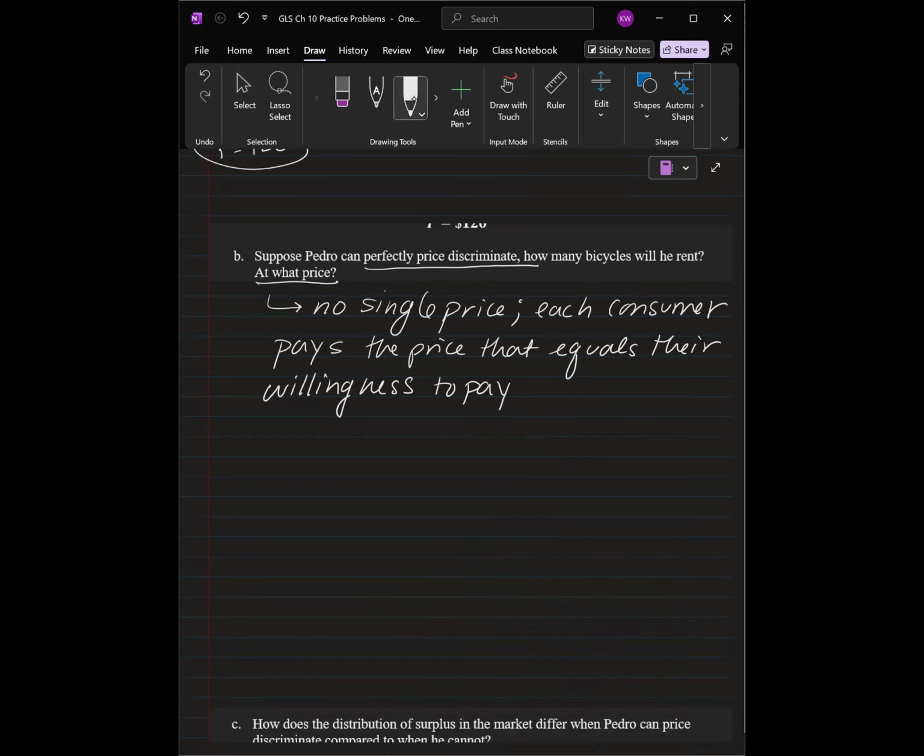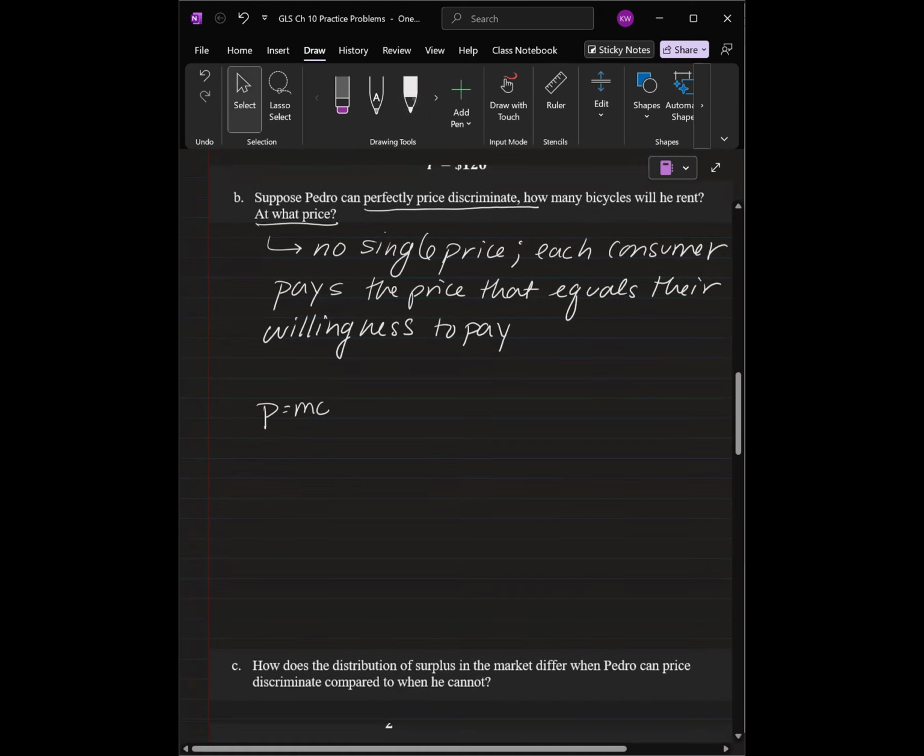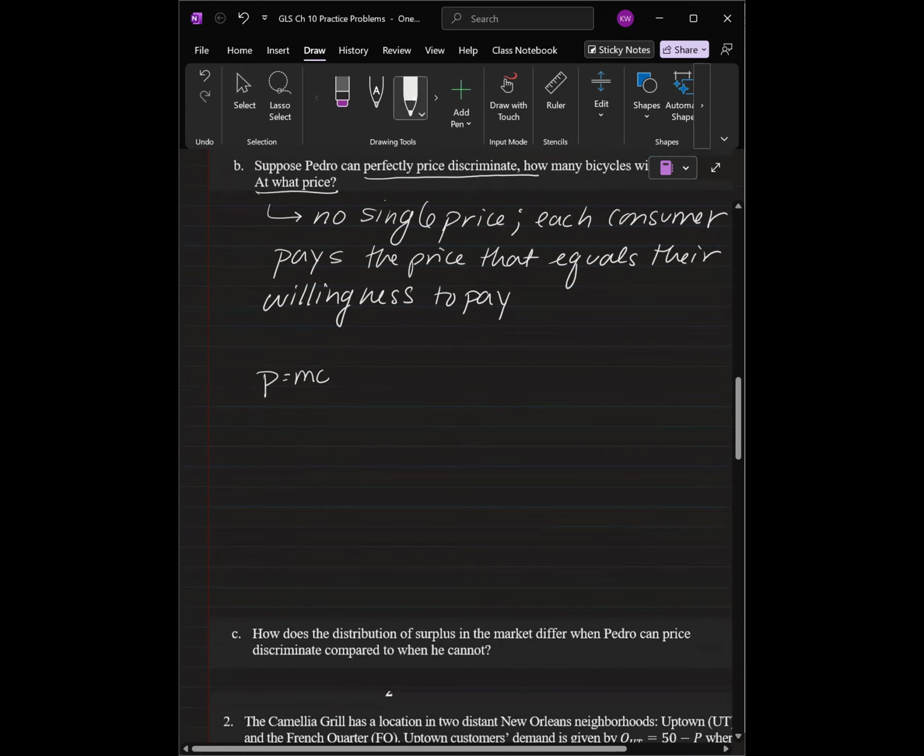And we know from the lectures that perfectly price discriminating monopolists produce where price equals marginal cost, right? They look like a perfectly competitive firm. So what we're going to do is set Pedro's demand curve equal to his marginal cost. So we'll have 200 minus 1/5 times quantity equal to 40. And we're just going to solve for quantity.